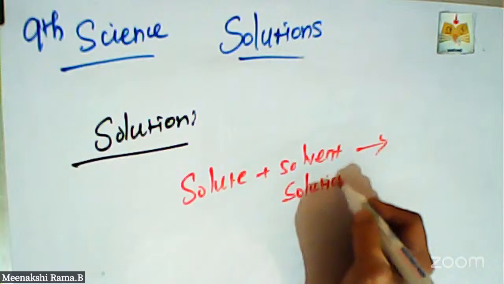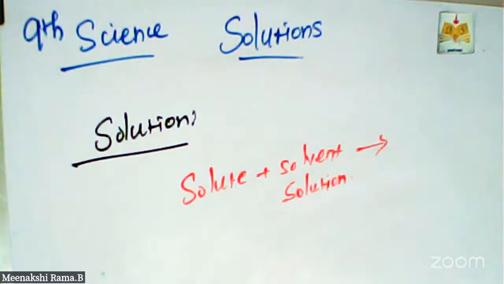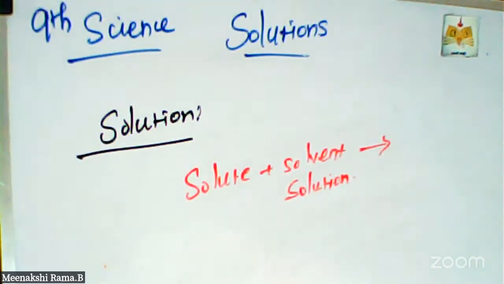So, in the last session, we learned different kinds of solution depending upon the quantity of solute and solvent. But in today's session, we are going to classify solution depending upon the particle size. Based on the particle size of the solute, solutions are divided into three types.